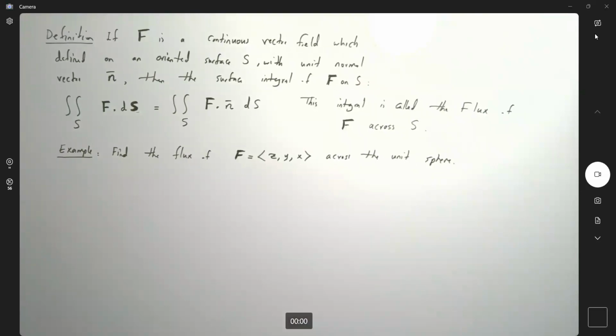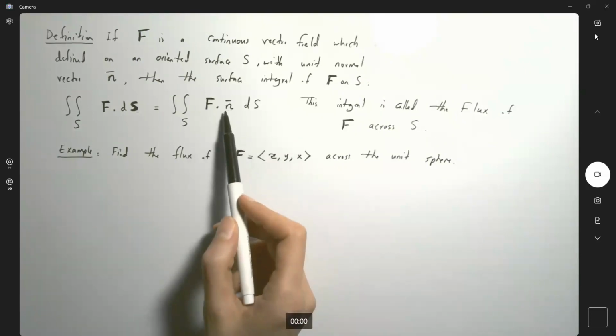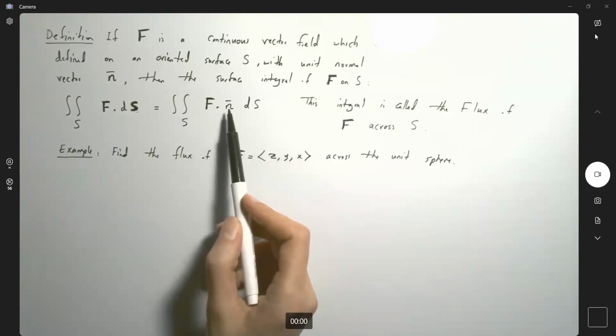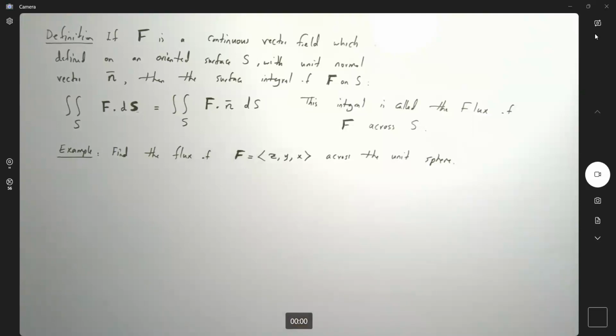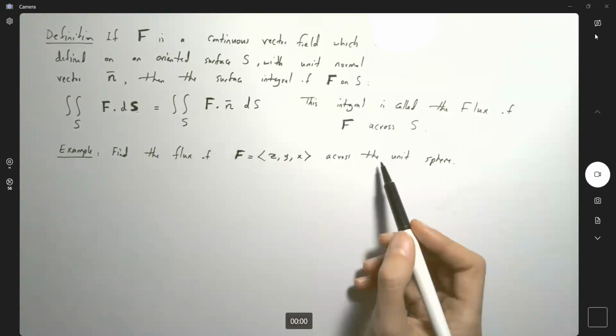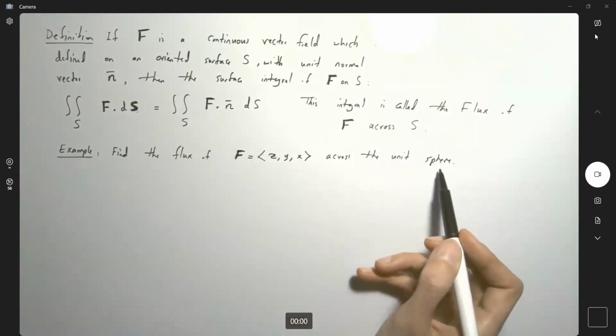Remember that N in parametric form is just r_u cross r_v, and then you do the computation. Since we have a nice parametric form for a unit sphere, we're going to use that.